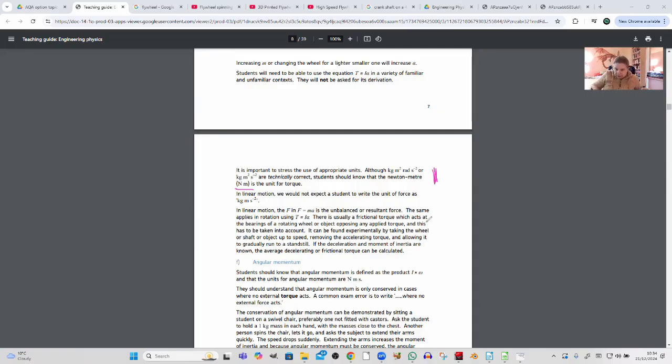Okay, so there's usually a frictional torque which acts at the bearings and it opposes any applied torque. And this causes losses of energy in rotating engines, and so it causes complications.